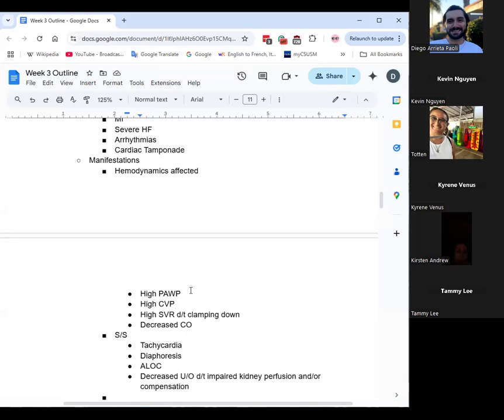If the same thing happens on the right side, you have right-sided heart failure, and fluid builds up on the right side of the heart. That pressure is measured by the CVP. So you will have high CVP and high PAWP due to pump failure. It starts to build up in the heart.